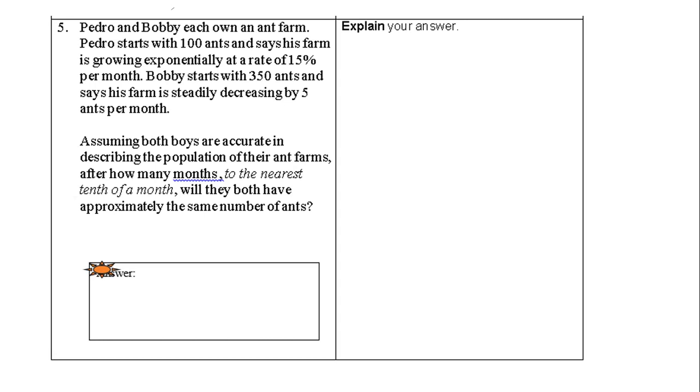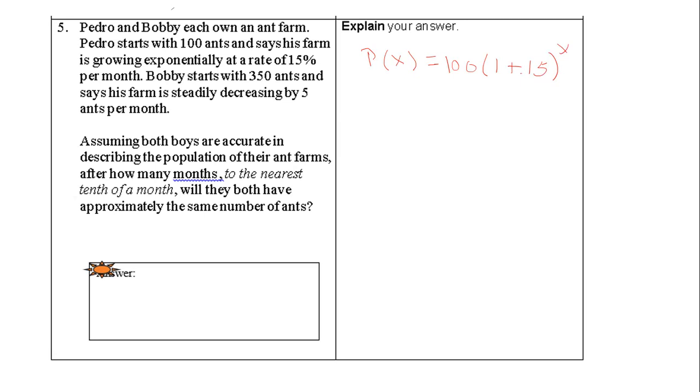And remember that b value, since it's increasing, is going to be 1 plus the rate of 15%. So we're going to start with Pedro. P of x is going to be equal to 100, which is the starting amount, and then 1 plus 0.15, because we have to change that percent to a rate as a decimal, and that's Pedro.